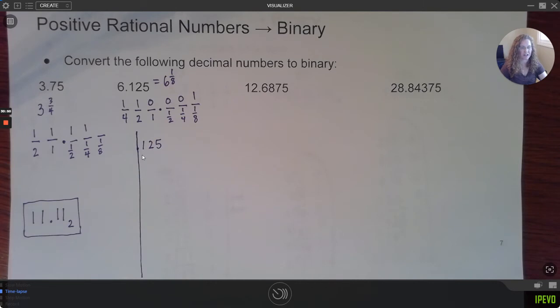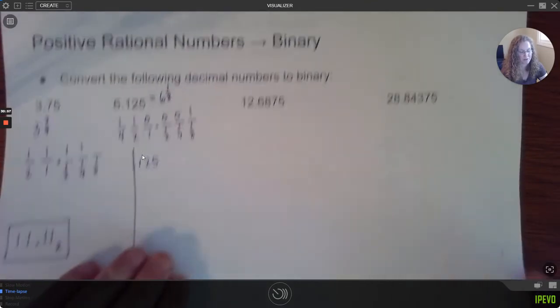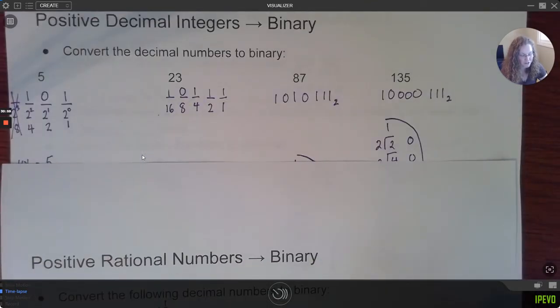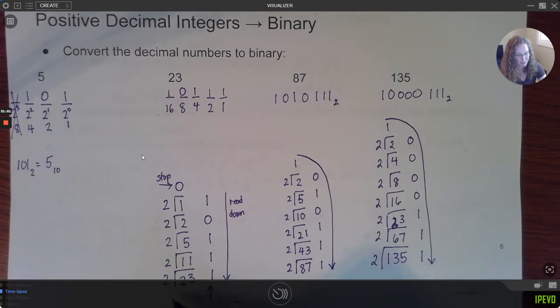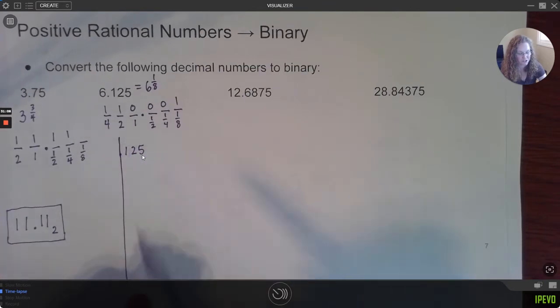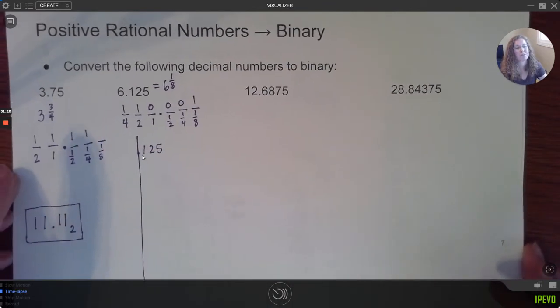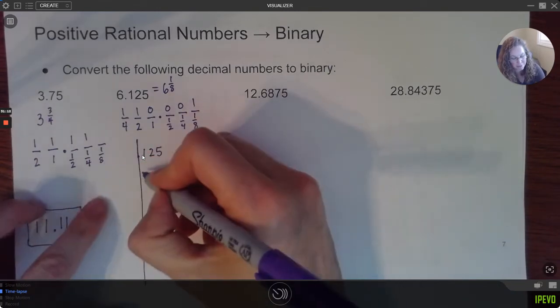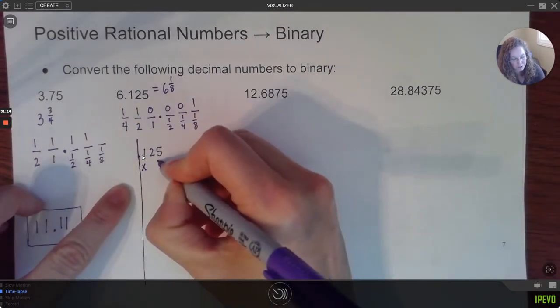I just like to draw the line so you can see where the decimal point is so that you can keep everything lined up. And when we had a number that was larger than 1, we used repeated division to convert it into binary. If we have a number smaller than 1, so some kind of a fraction, we're going to use repeated multiplication to turn it into binary. Okay, so we're going to take this and we're going to multiply it by 2.